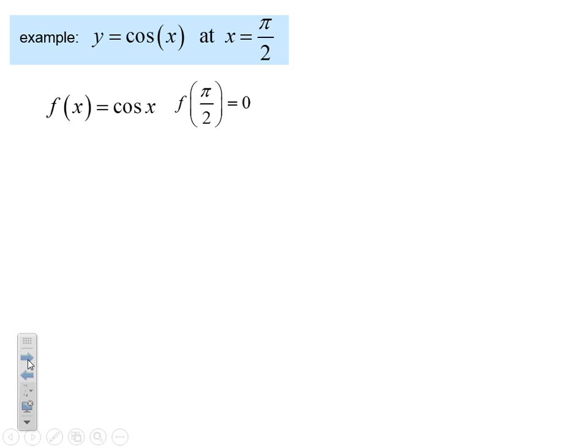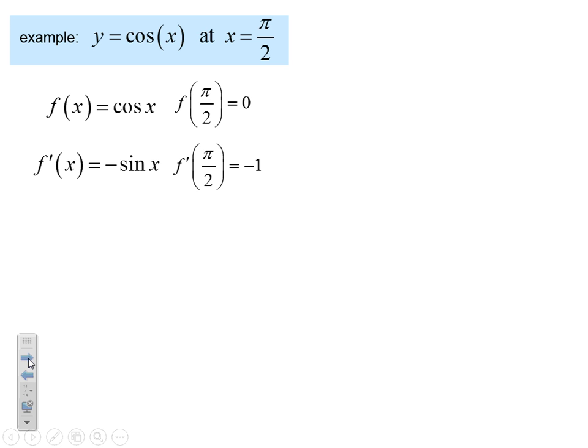Then we have the first derivative is negative sine of x, evaluated at pi over 2, negative 1. Okay, so Jared has made a comment. We're only going to have the odd degrees because all of our evens are going to be 0. Okay, you guys have had calculus long enough to see what's going to happen here.